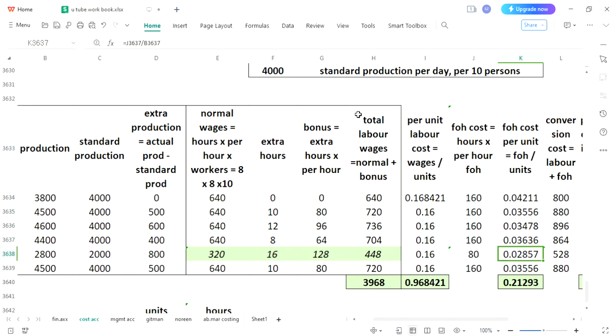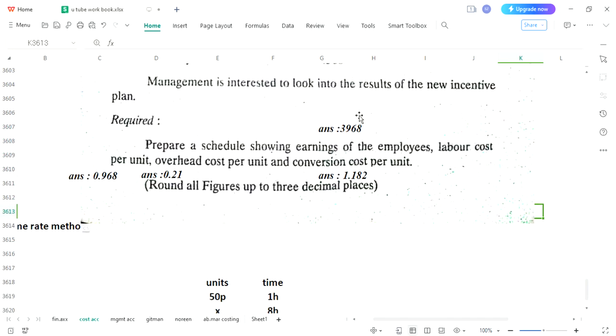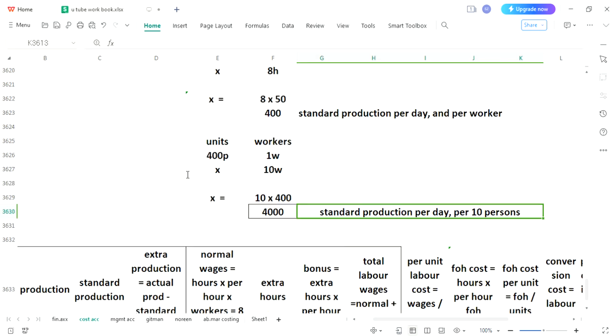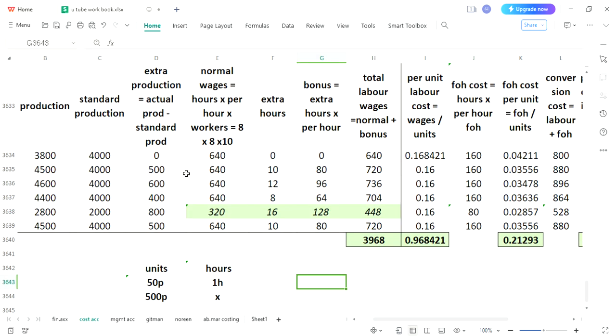This is 0.21 and this is 0.21. Actually we had changed it to 0.24. Why? Because there was only one FH which was required to be written as half, but we haven't taken the half, that is why it was 0.24.